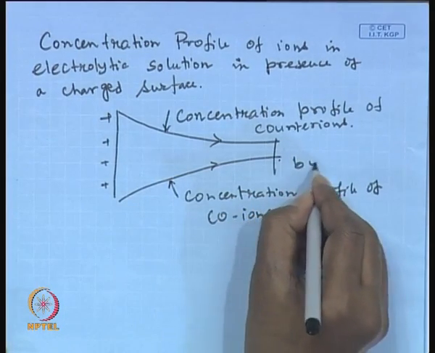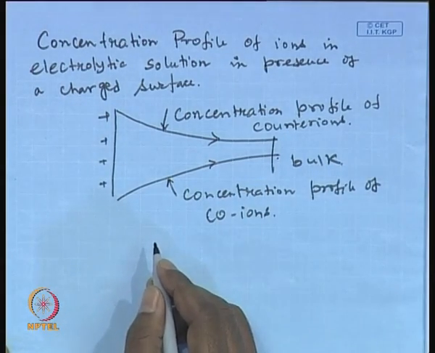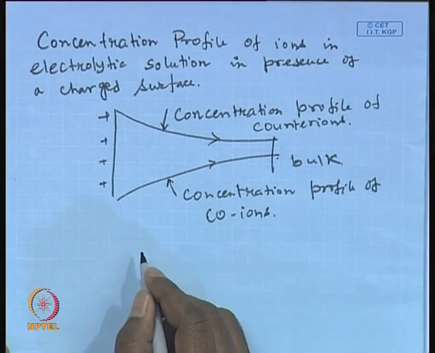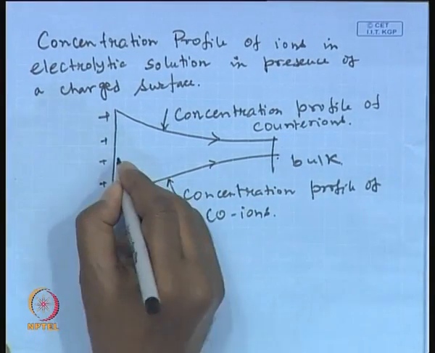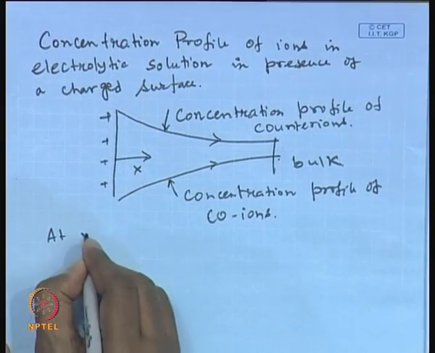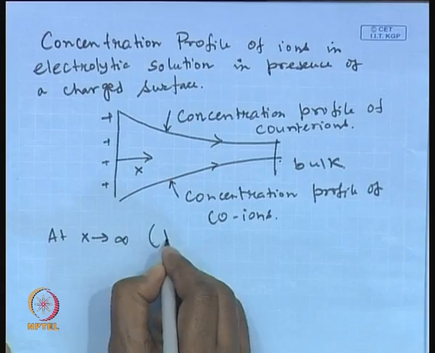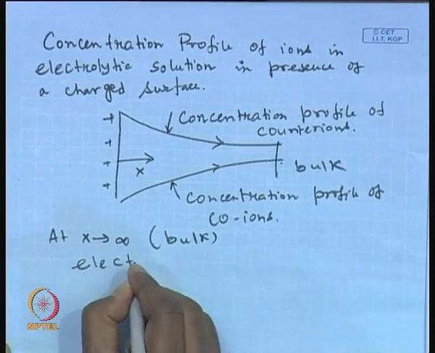And here you will have the bulk of the solution, and in the bulk, electroneutrality will always be maintained. Okay. And this is the distance away from the charged surface, and at x tends to infinity, that means the bulk of the solution, the electroneutrality condition should always be maintained.